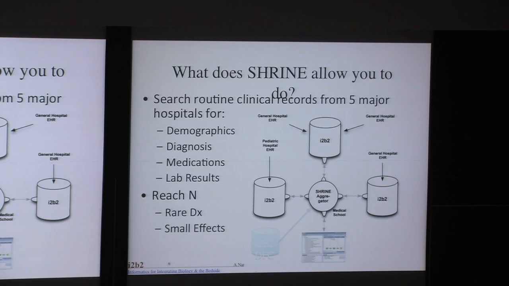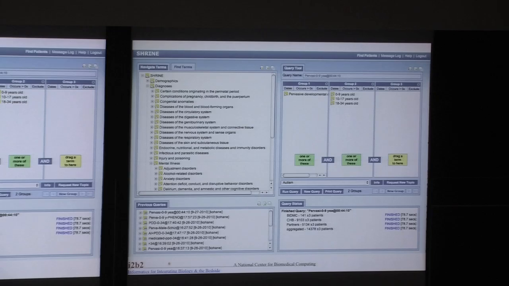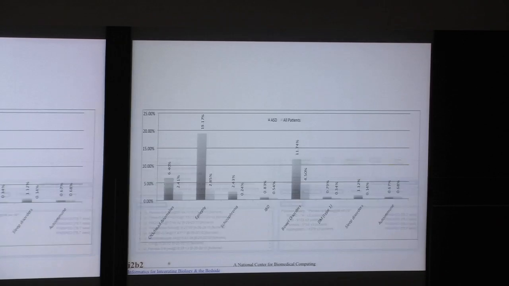For example, in 1 month, I was able to do a study of autism where we had 14,000 patients. I was able to do a comorbidity study of autism where the previous biggest study was of 200 patients. And I did this single-handedly, of course, using the shoulders of giants who had implemented all the software.